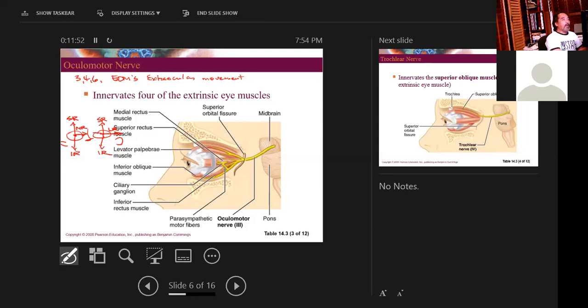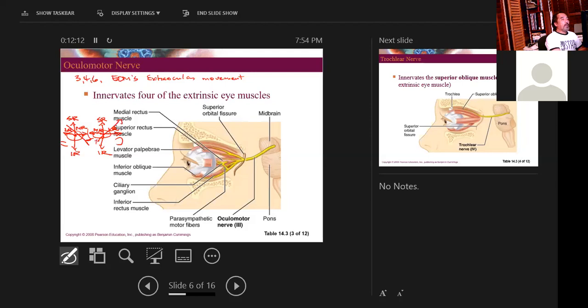And then for the eyes that look to the right, the muscle for the right eye is going to be the lateral rectus muscle, and for the left eye it is going to be the medial rectus muscle. And then there are muscles that go in angles.